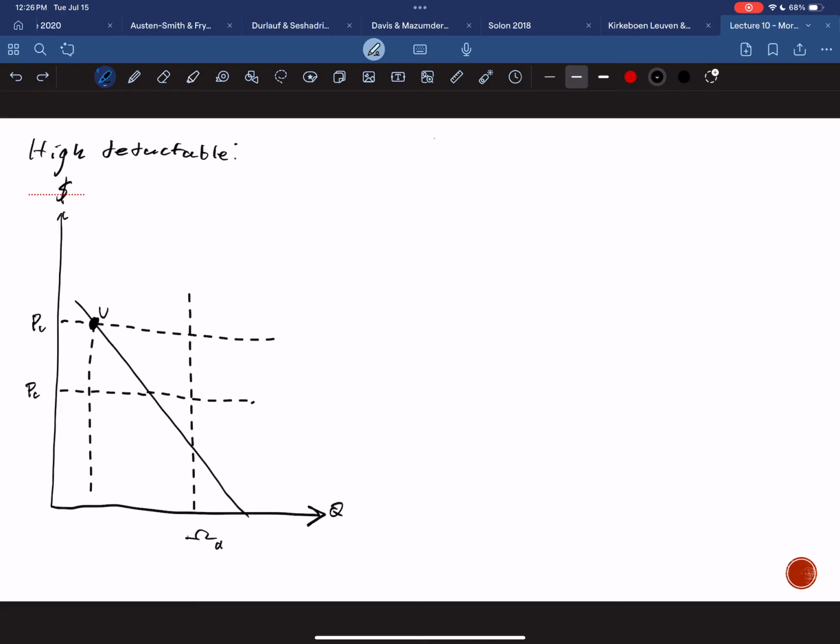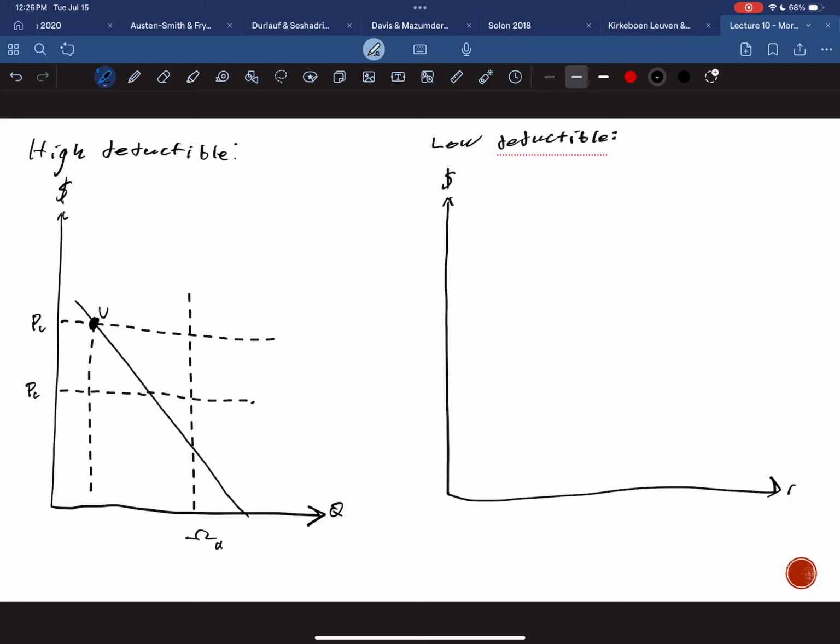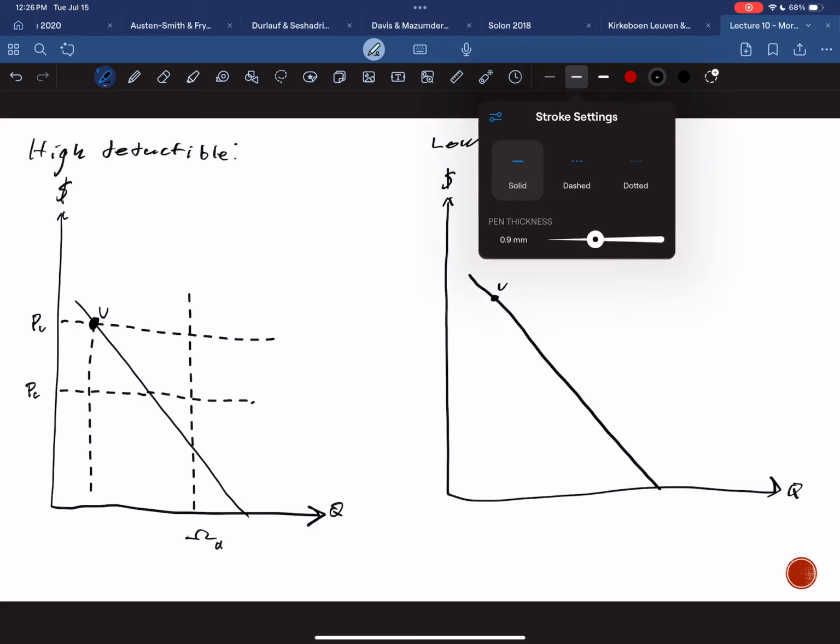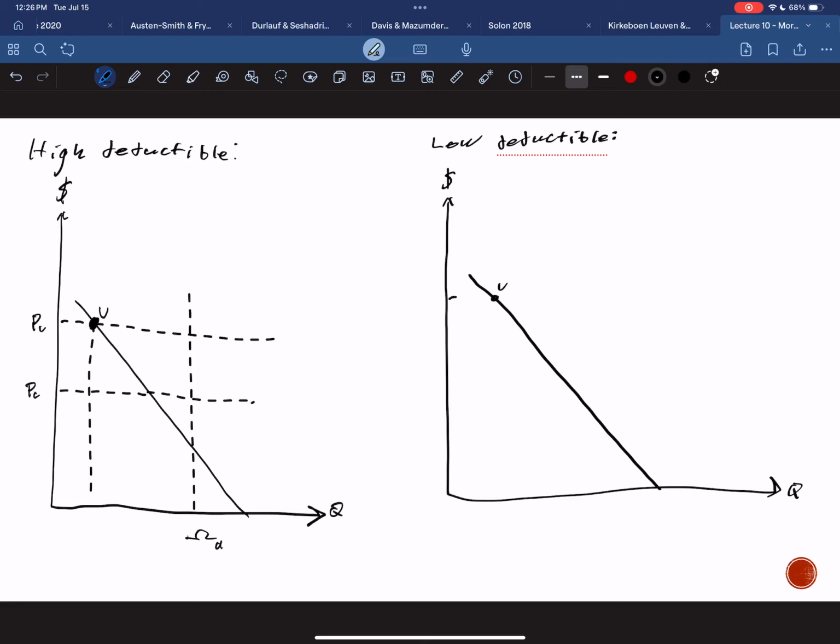Now let's consider what happens if I lower the deductible. So this is a low deductible plan, right? So on a low deductible plan, price on the y-axis, quantity on the x-axis, right? We pretend this is the same demand curve as before. We still have point U, which is what you get if you're uninsured or if you have a very high deductible, right?